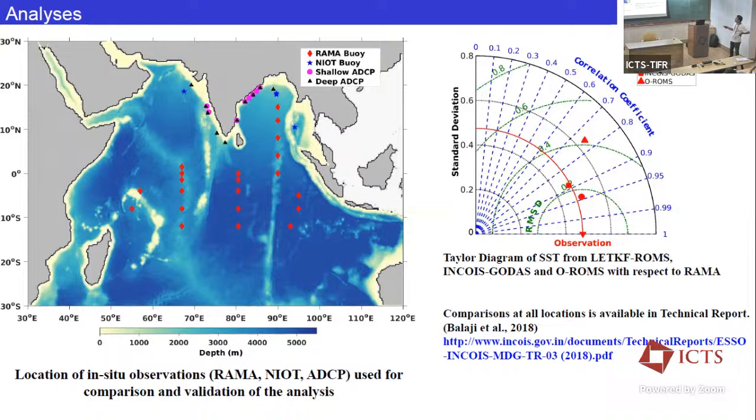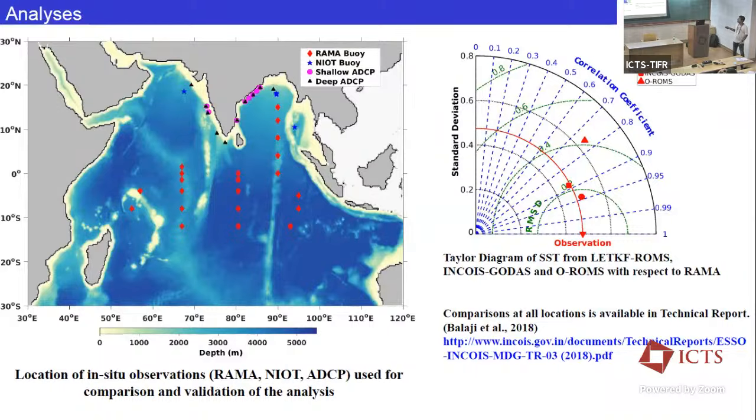The green dotted lines are the RMSD. This green dotted line is 0.4, this one is 0.6. So this one has an RMSD slightly larger than 0.4 but less than 0.6, between these two arcs. What about the correlation? This model has a correlation somewhere between 0.7 and 0.8.